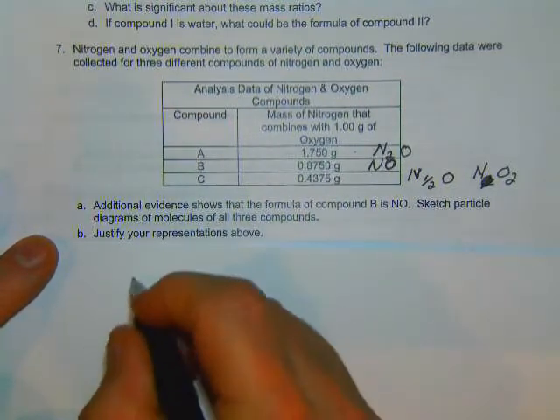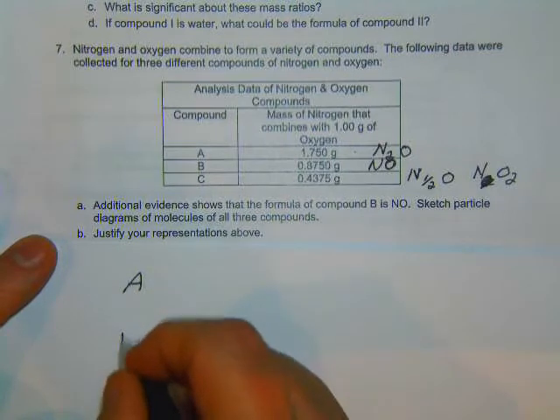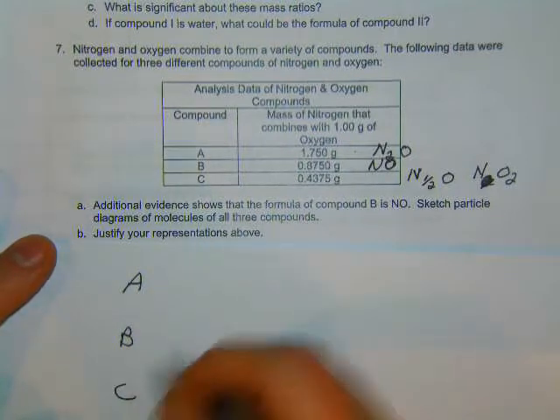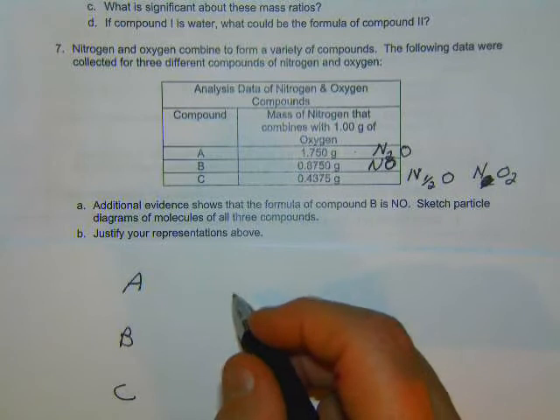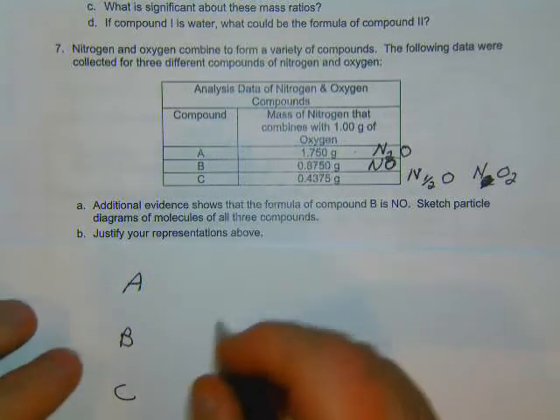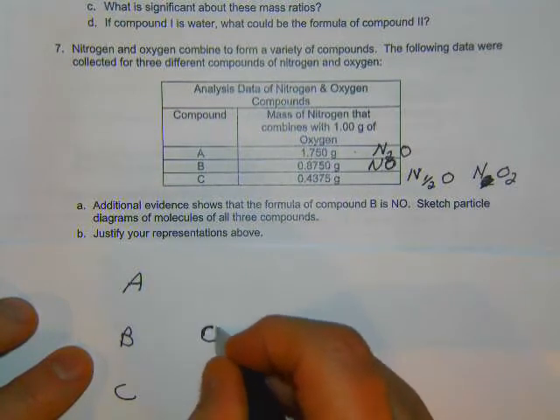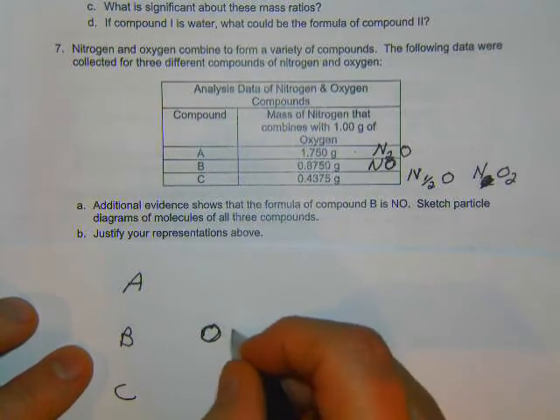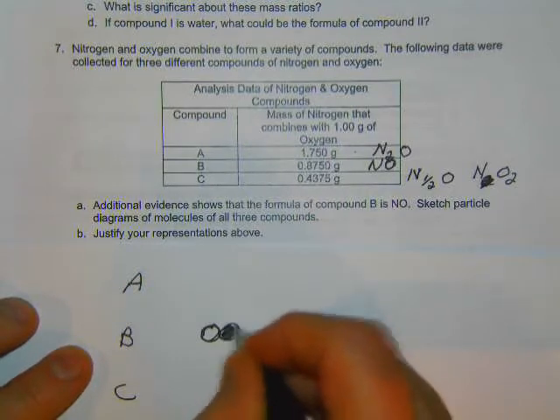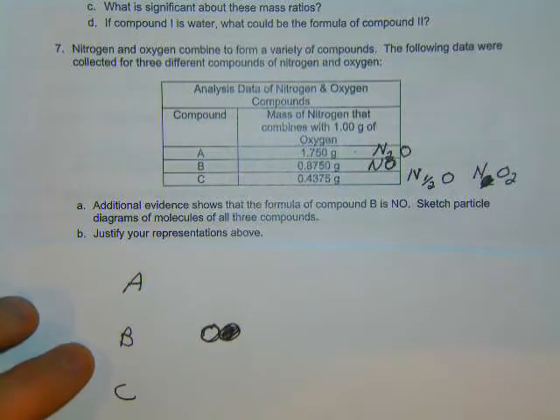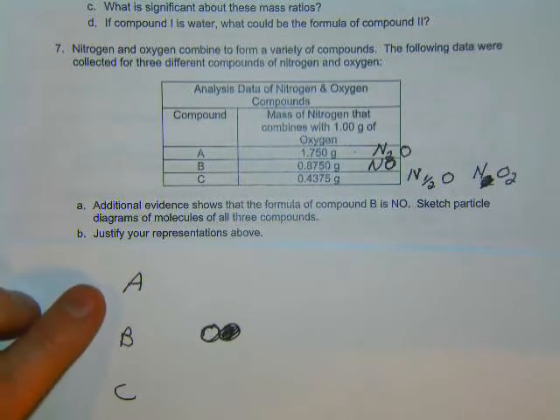Let's go with compound A, compound B, and compound C. B we know is 1:1. Let's just, for the sake of discussion, call this N and this O. That's a 1:1, pretty easy on B. On A, we've got 2 nitrogen.